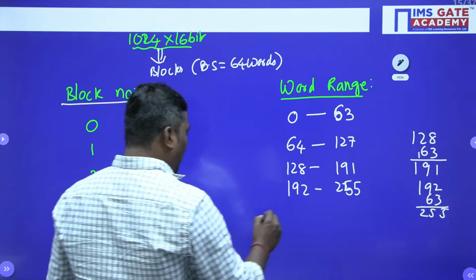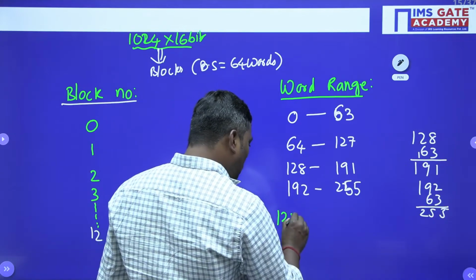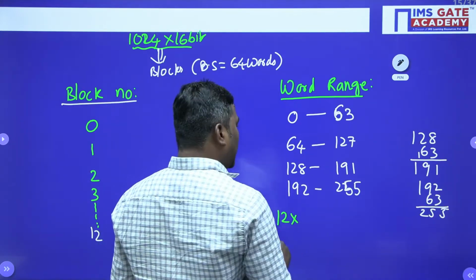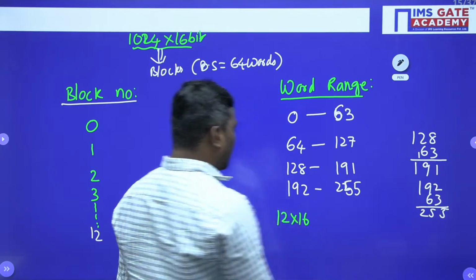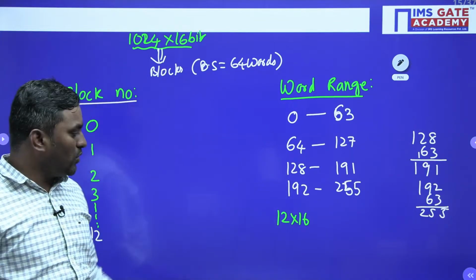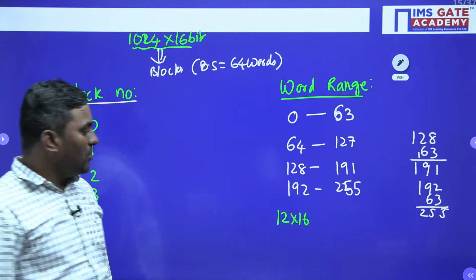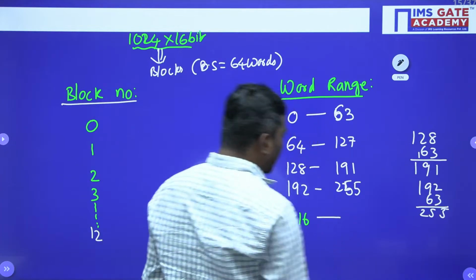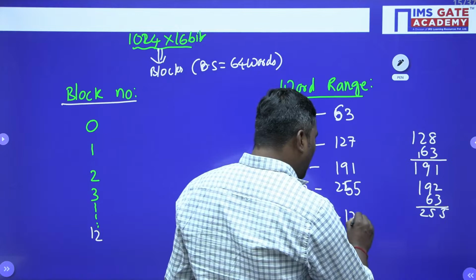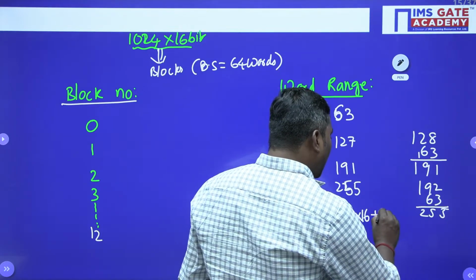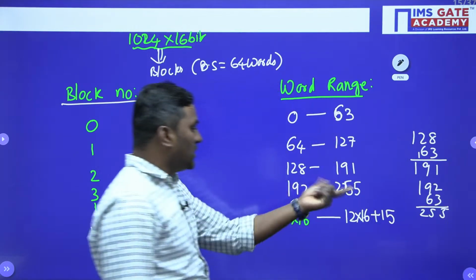The 12th block into its size. What is the block size? 16. So 12 into 16 gives the start, and plus 15 you have to add, so that is the range.